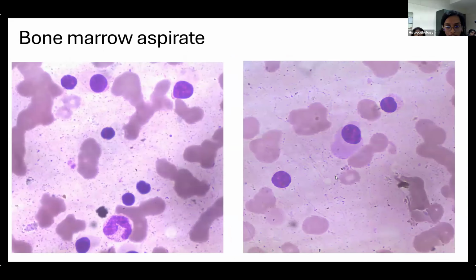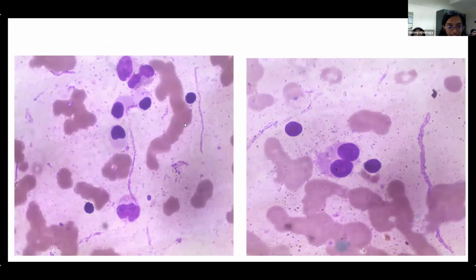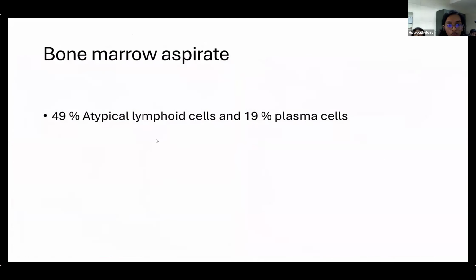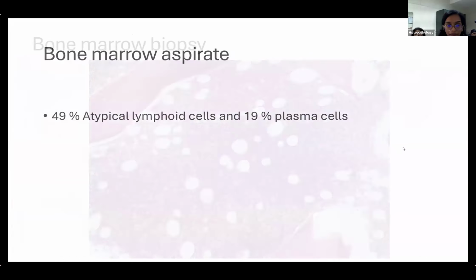Bone marrow aspirate also showed atypical lymphoid cells with clumped chromatin, and plasma cells with eccentrically placed nuclei. Here again we can see plasma cells and atypical lymphoid cells, here binucleated plasma cells. So bone marrow aspirate showed 49% atypical lymphoid cells and 19% plasma cells.